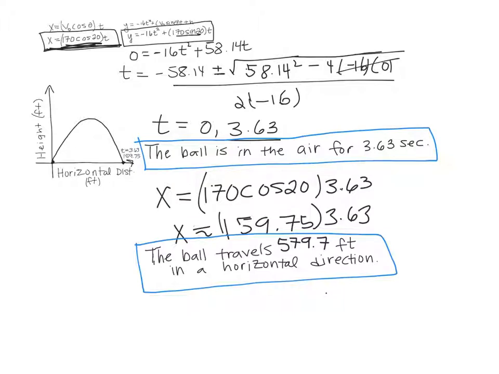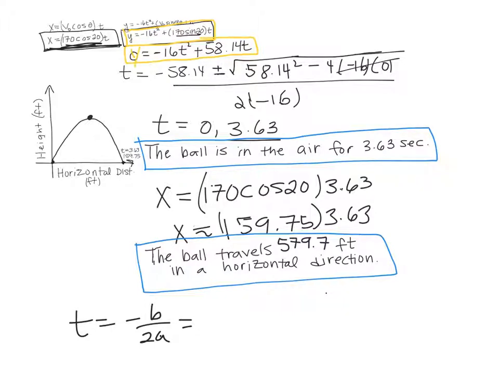And now let's look at the maximum height of the ball. So that's a vertex question. So we go to our equation. t equals negative b over 2a. There's the vertex. And so I'm looking at my equation here, which we simplified as negative 16t squared plus 58.14t.